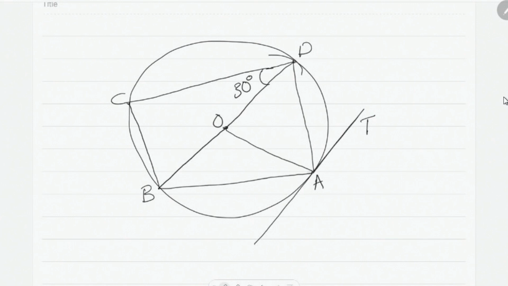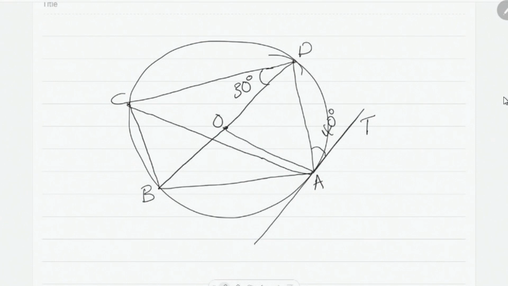Then we have line AC, which is a line moving from point A connecting to point C. All right, so angle DAT is 40 degrees, like that.